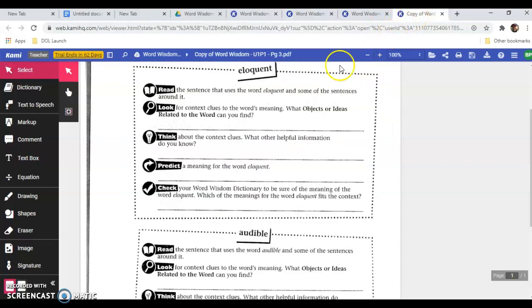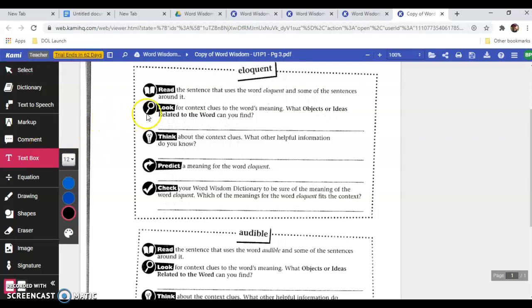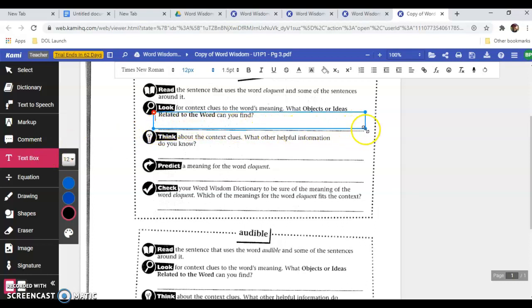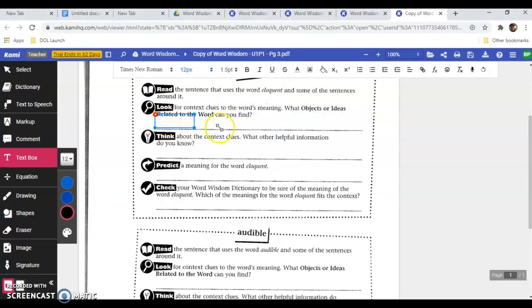When I return to the page that we're working on, I create a text box for my response by clicking the text box option on the left. I expand my text box so that it fits the space that I have to work in. After I have my text box established, I'm going to respond to the question: look for context clues to the word's meaning; what objects or ideas related to the word can you find?